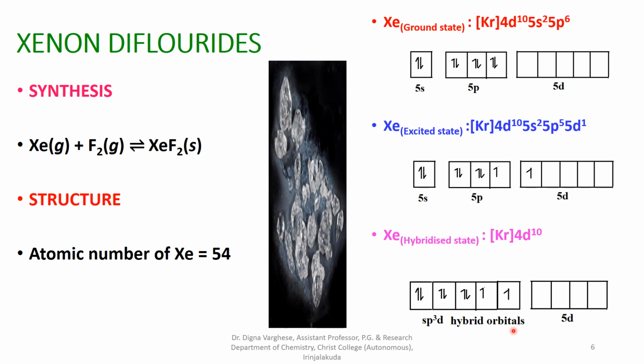These 5 sp3d hybrid orbitals have different energies and shapes than the component atomic orbitals. sp3d orbitals are oriented in space in a trigonal bipyramidal fashion.